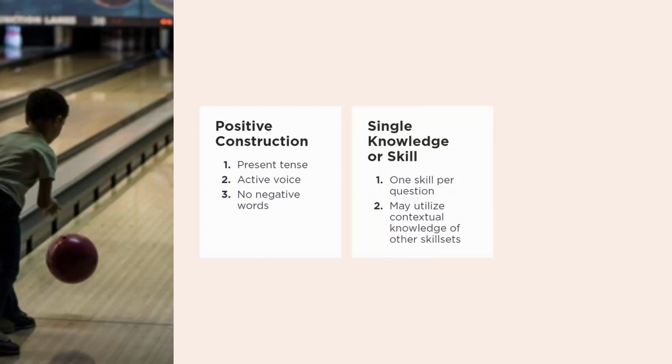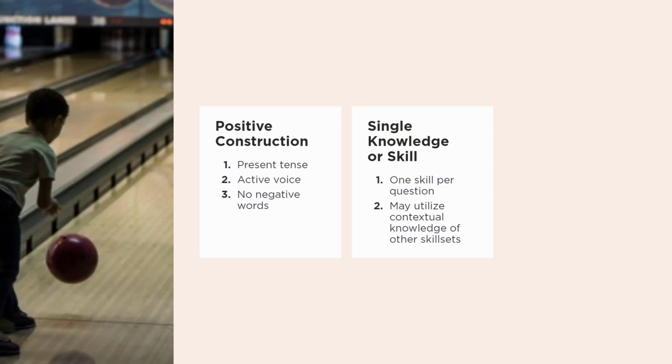This exam will test you on one single knowledge or skill per question, and that is absolutely critical. You will not have to respond with a complex series of steps in order to answer these questions. However, that doesn't mean that it's only one step for every question. For instance, financial questions are a good example of the type of question that can take a few steps to handle, especially when it comes to firm finances, where you have to do a few complex formulas to get to a point of calculating, say, your billing multiplier.